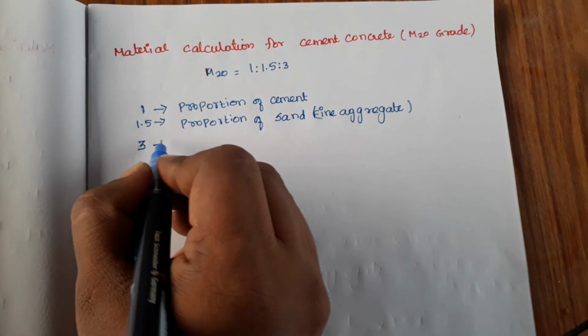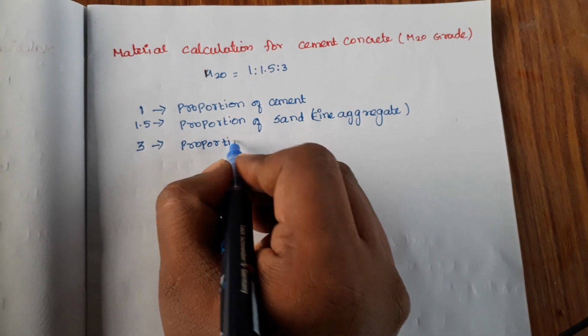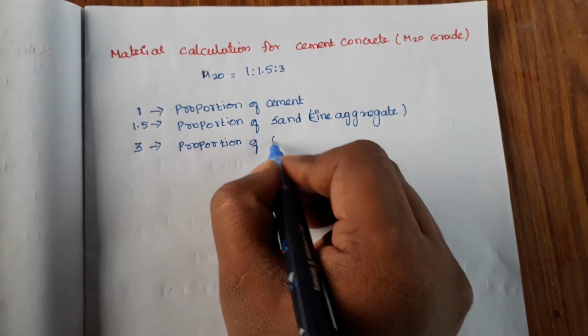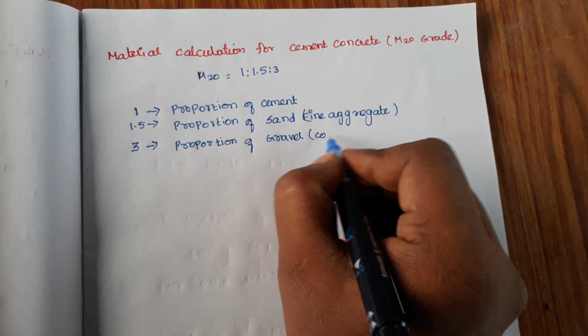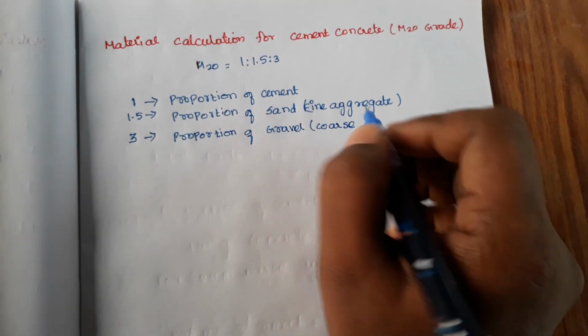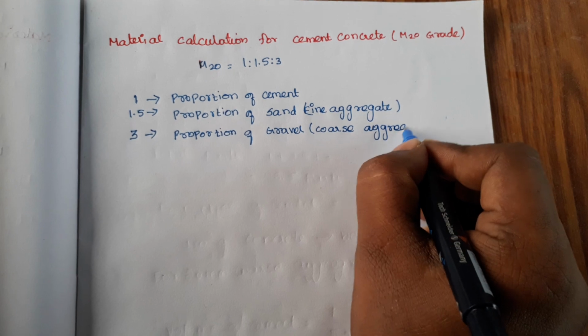Then 3 is the proportion of gravel, it is coarse aggregate.